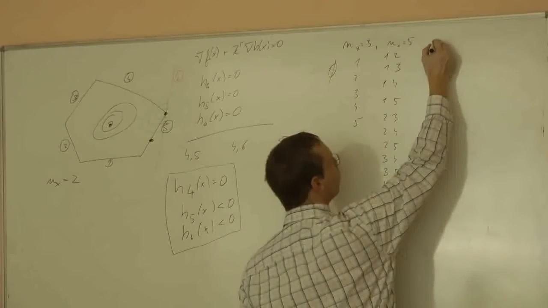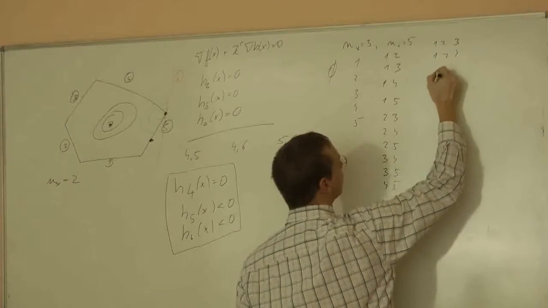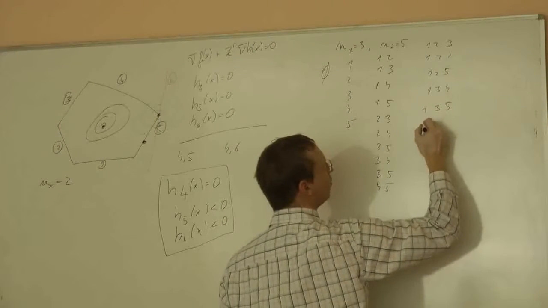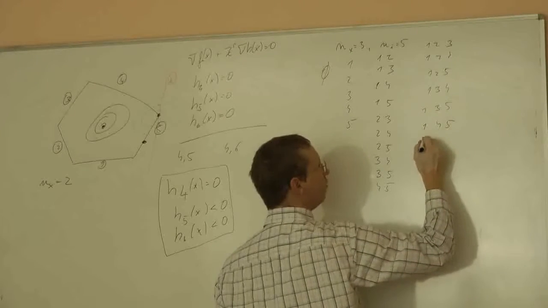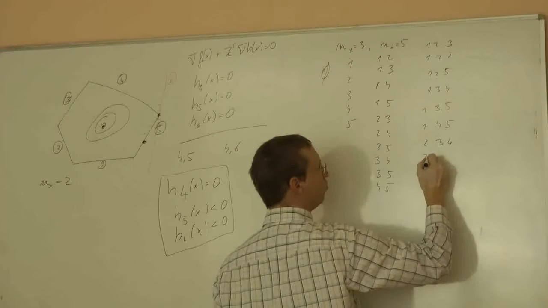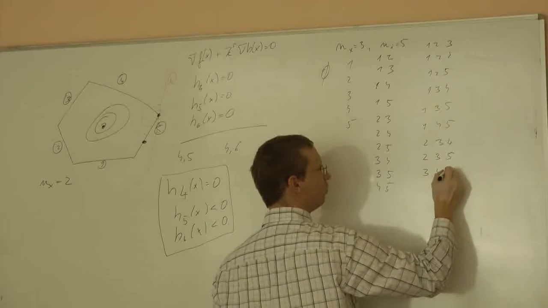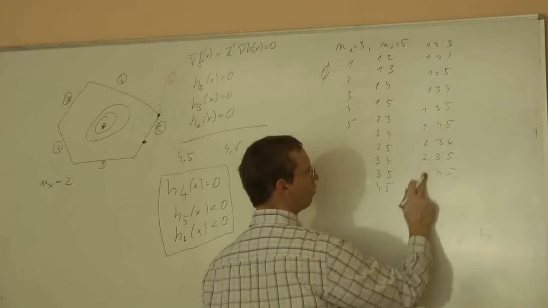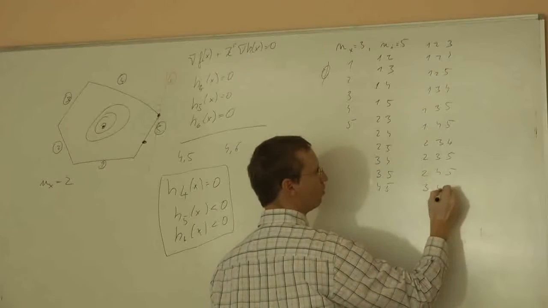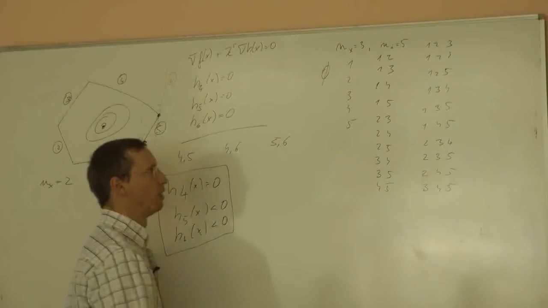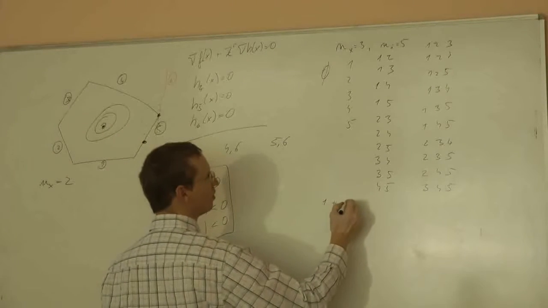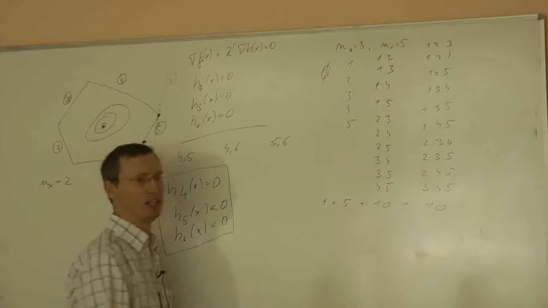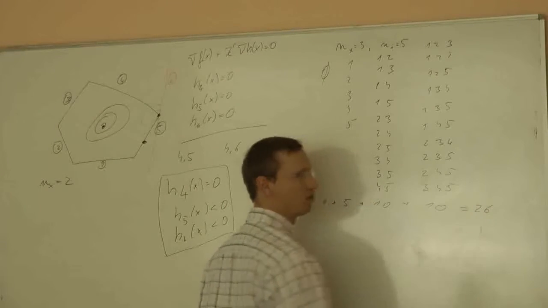So 1,2,3; 1,2,4; 1,2,5; 1,3,4; 1,3,5; 1,4,5; 2,3,4; 2,3,5; 2,4,5; and 3,4,5. So basically here we have 1 plus 5 plus 10 plus 10, so 26. 26 combinations we need to explore.